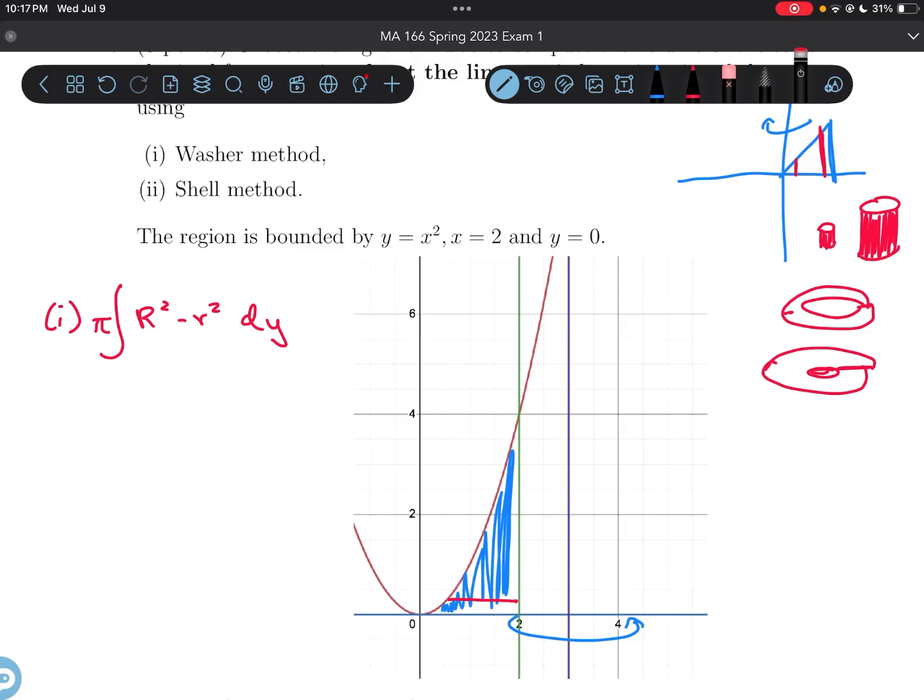Now all we have to do is find the values of big R and little r. Big R is the distance from this curve to the line x equals 3, and little r is this distance over here. Little r is just 1, because the distance between x equals 2 and x equals 3 is constant.